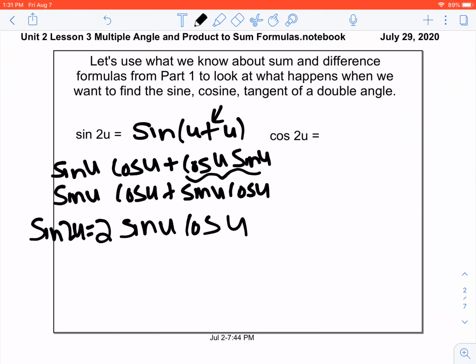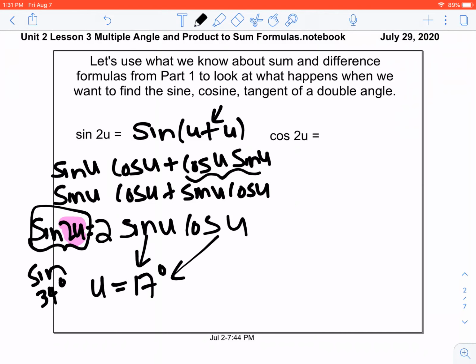Because basically what we're saying is if we're trying to find information about the double angle, I'm just going to make up a number. Let's say that we know information about u being 17 degrees. If I know the sine of 17 degrees and the cosine of 17 degrees, I multiply those ratios together times 2, and that will give me the sine of a 34-degree angle.